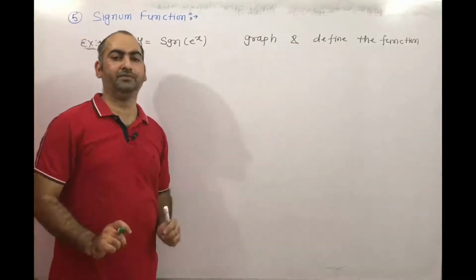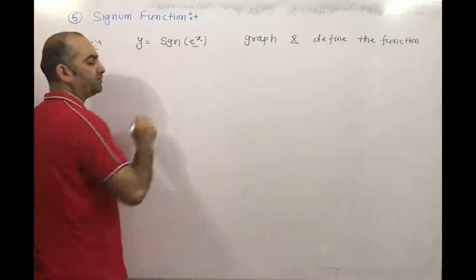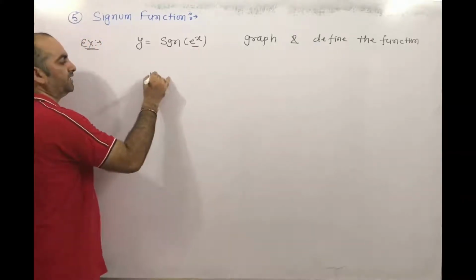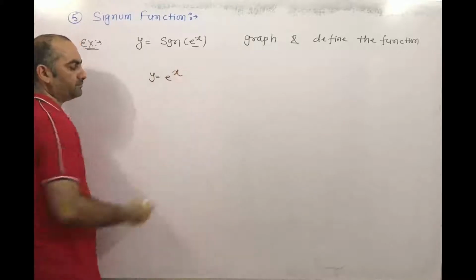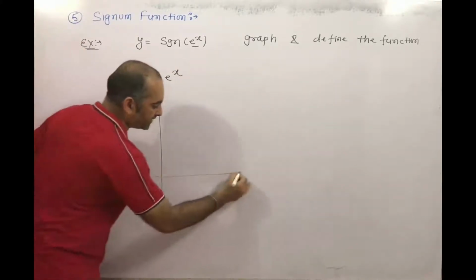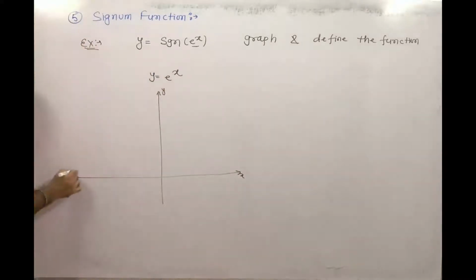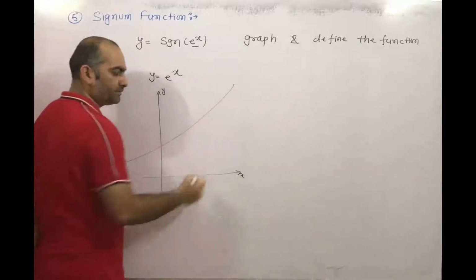So how to make the graph? Very simple. Inside signum, what do we have? e power x. So first we have to draw the graph of y equal to e power x. This is the y axis, this is the x axis. We know the e power x graph is this one, correct?